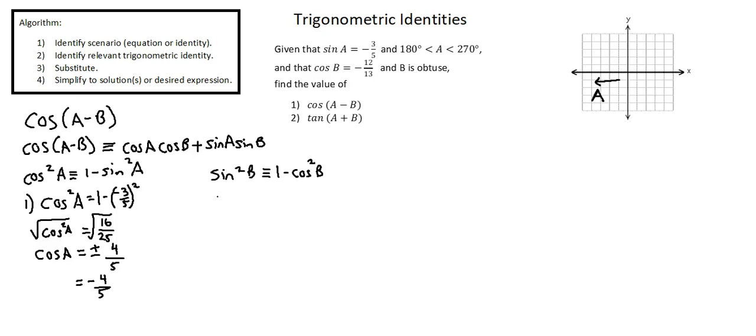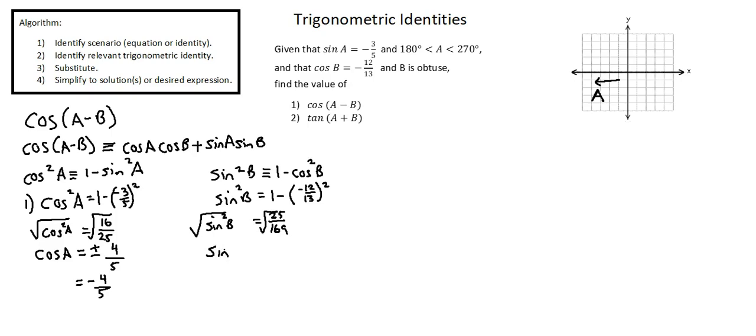And in this case, we can set up the equation sine of B squared equals 1 minus the cosine of B we're given as negative 12 over 13, negative 12 over 13 squared, which equals 25 over 169 for sine of B squared. Let's take the square root of both sides.